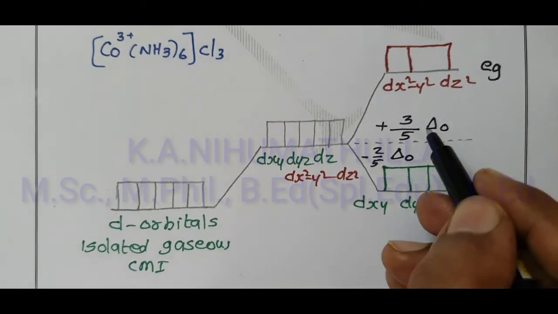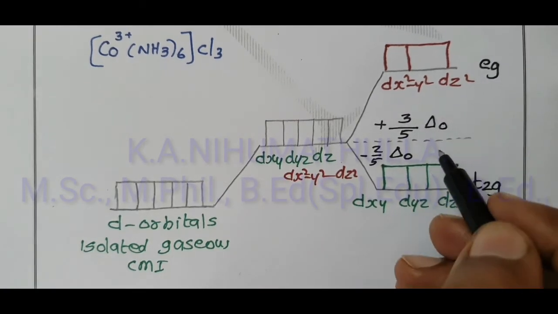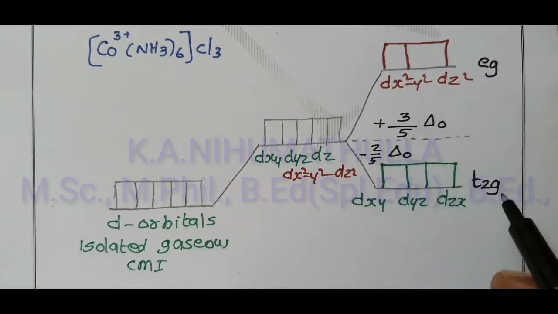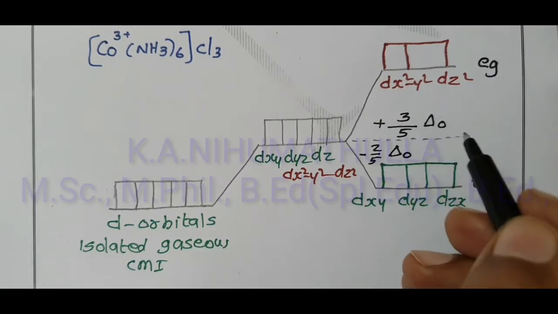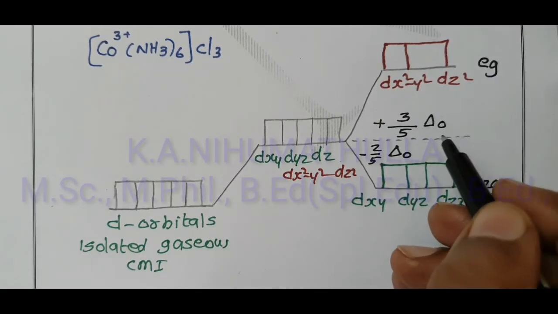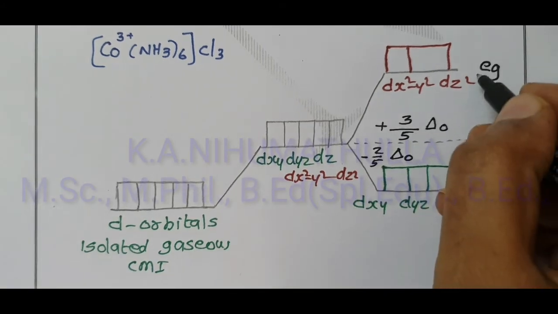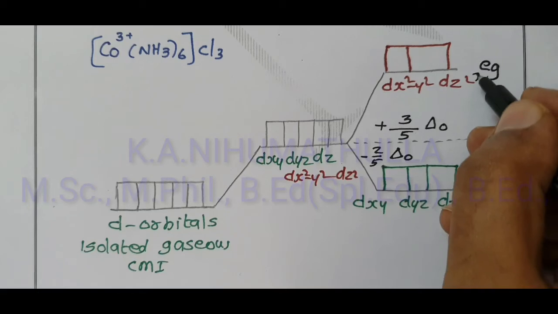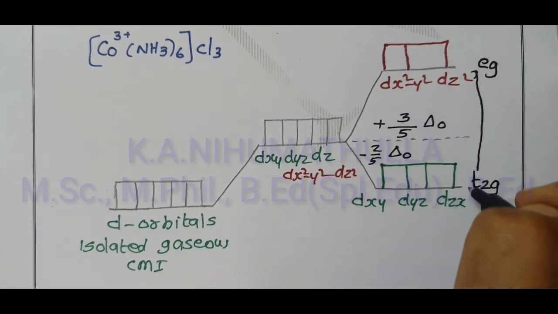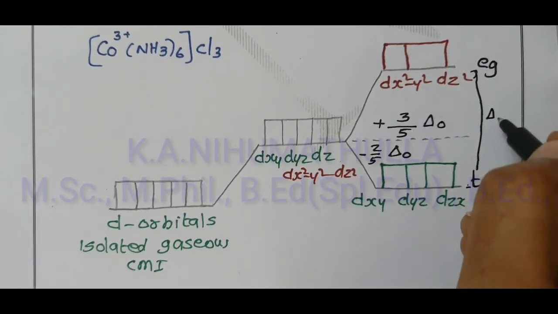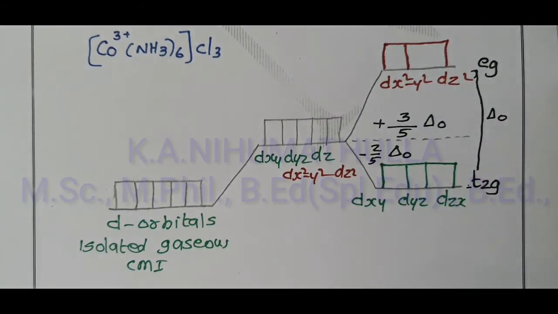This is not delta 0, this is delta O. O indicates octahedral crystal field splitting energy. The energy difference between these two is commonly called delta octahedral.